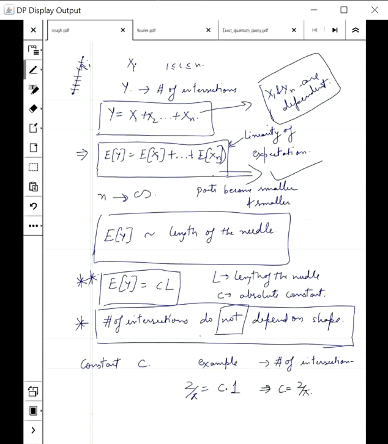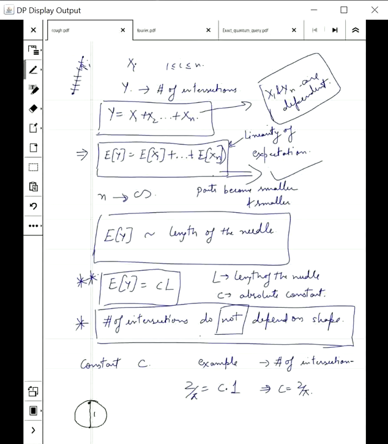But actually, there was a case where you didn't even have to do a single integration. You didn't even have to find the number of intersections for the straight line. Again, pause the video and think about a case where you definitely know the expected number of intersections. The answer is a circular needle of diameter 1.